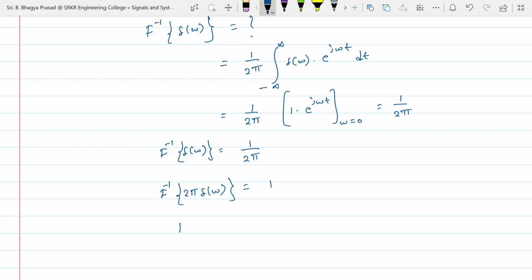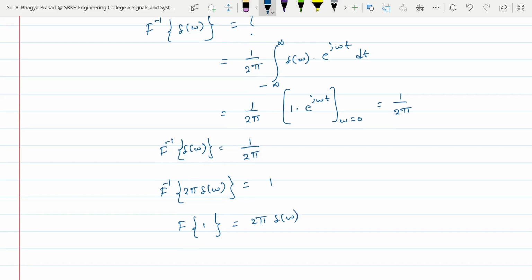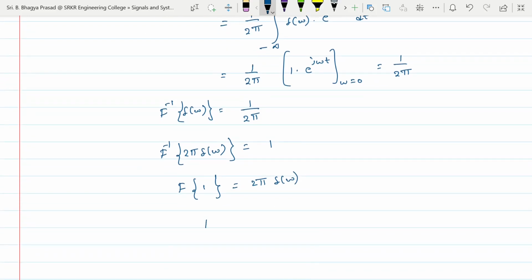That indicates the Fourier transform of 1 is 2 pi delta omega. So we got the result: the Fourier transform of 1 is 2 pi delta omega. This is nothing but, in the frequency domain at omega equal to 0, an impulse with strength 2 pi.